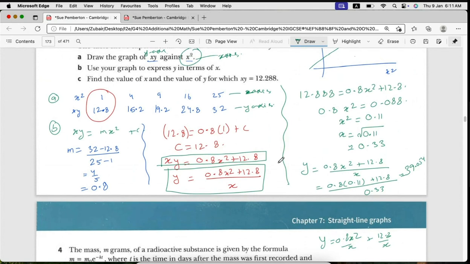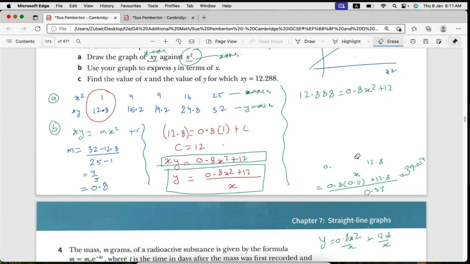And my bad. This was really 12.8 minus 0.8. It should be 12. I wrote 12.8. I think both of us wrote 12.8. That's 12. Quickly changing this makes the whole thing wrong, right? Yeah, all the parts after that. We might get error carried forward, but for now, let's just correct it.